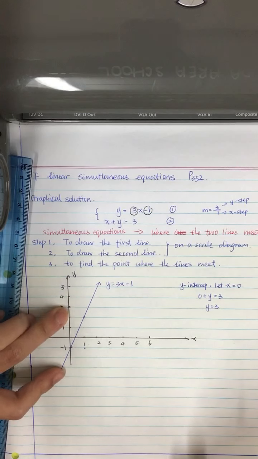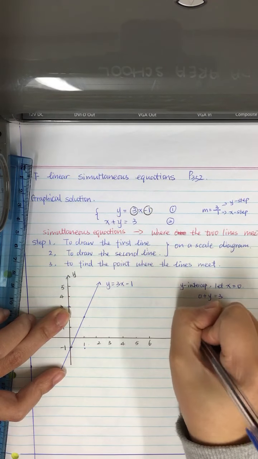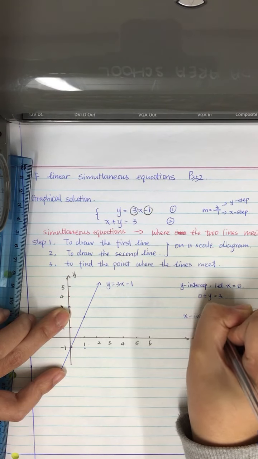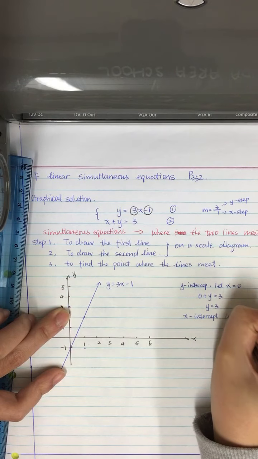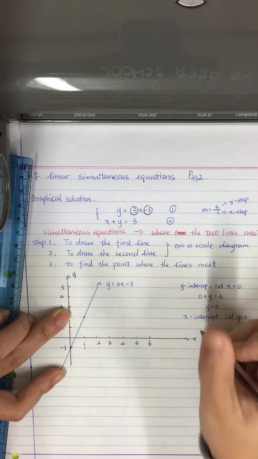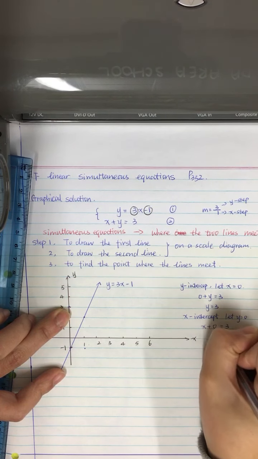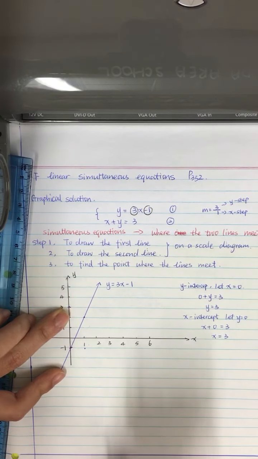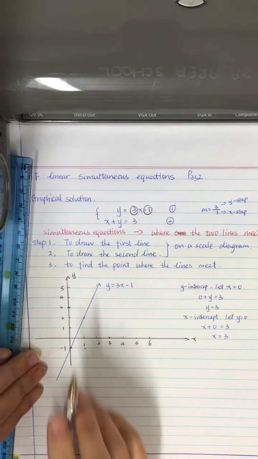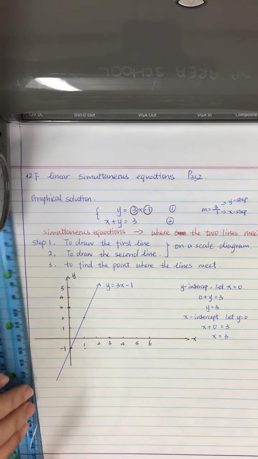So I label that 3. Then you find your x-intercept, where you let y equal 0. In this case, x plus 0 equals 3, then x equals 3. That's my y-intercept and that's my x-intercept.